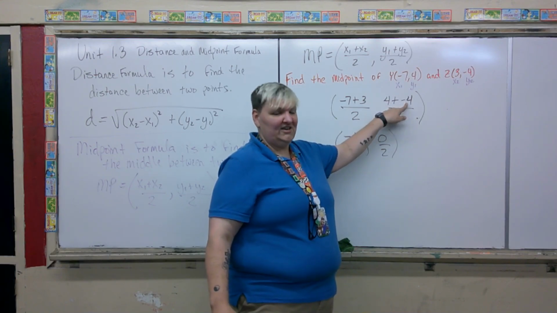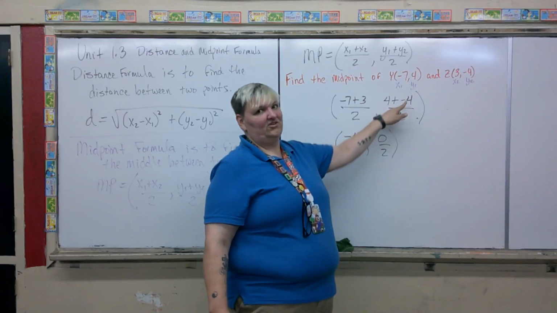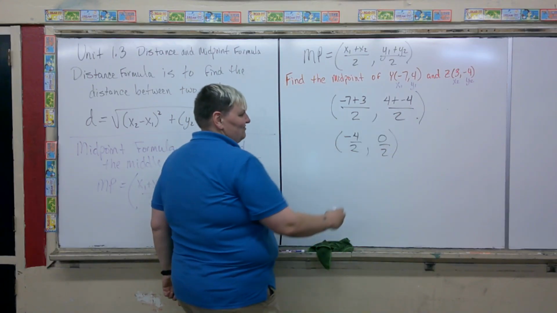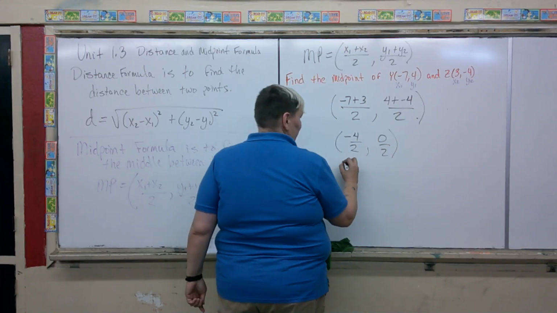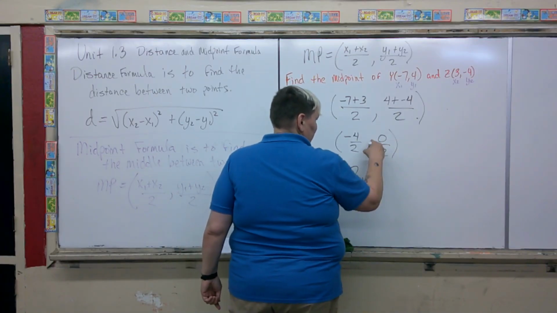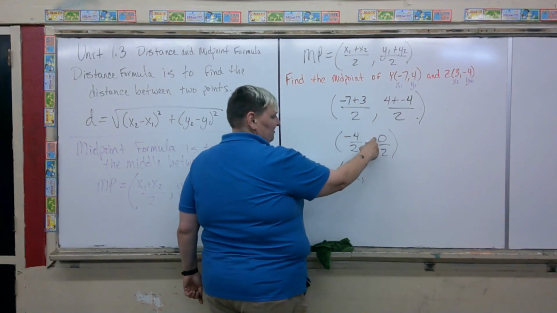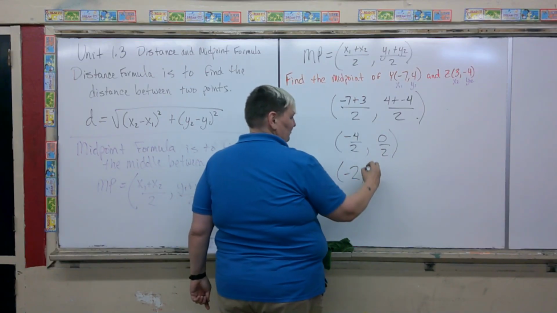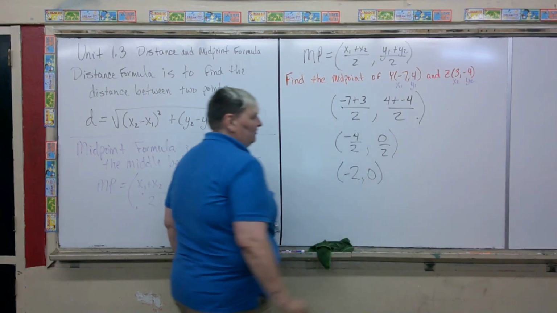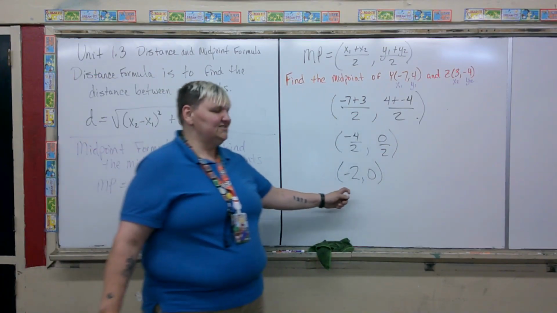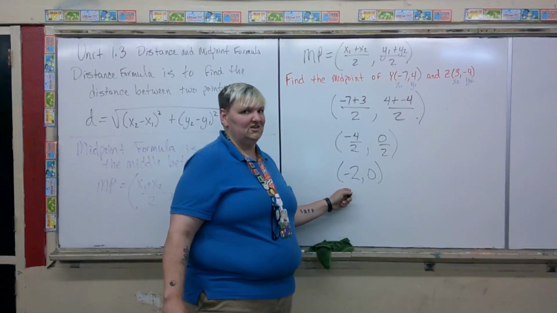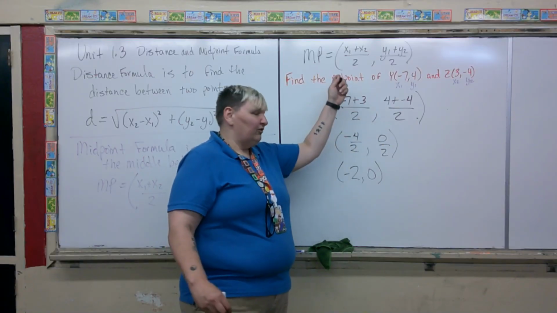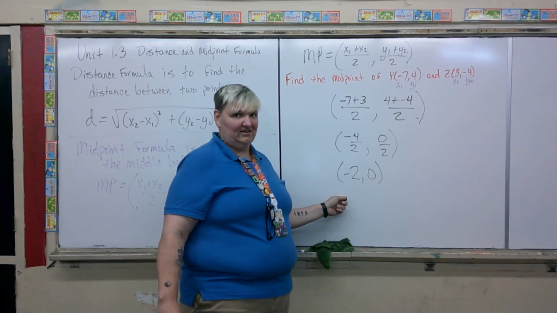Anything in its inverse cancels. It should end up being 0. You did it right. Right? Negative 4 divided by 2. 0 divided by 2. As long as 0 is in the numerator, it's 0. That's your midpoint. This is what you should have got when you did it yourself. If you didn't, rewind it, figure out where you made your mistake.